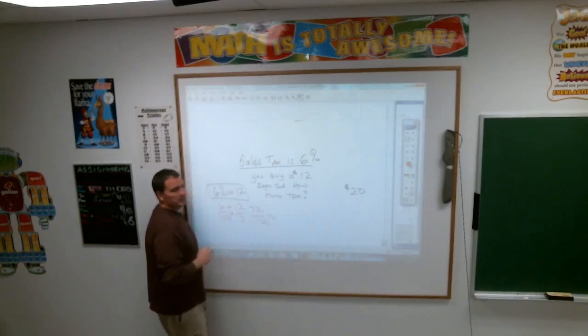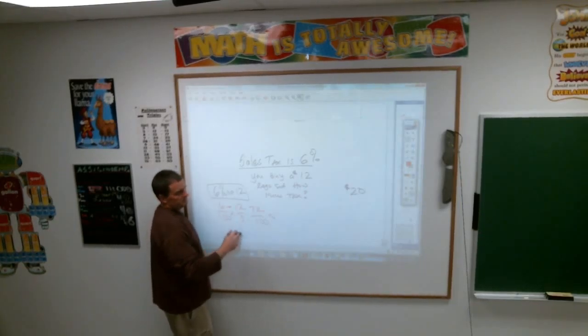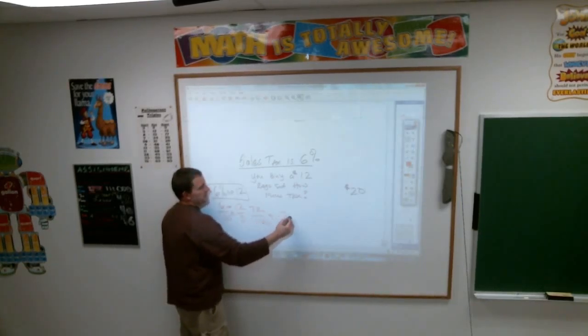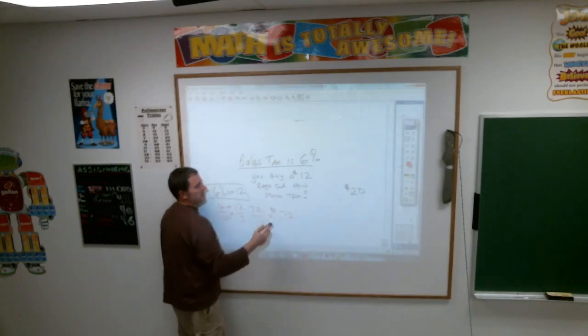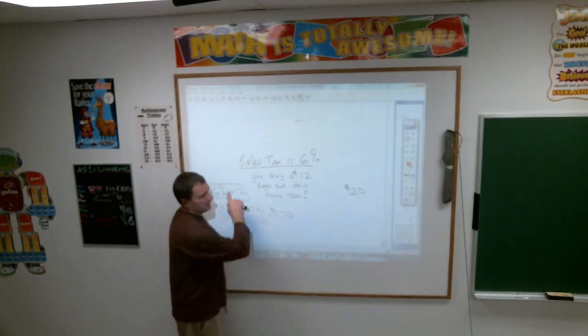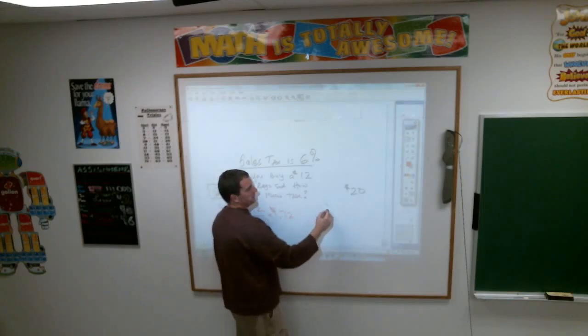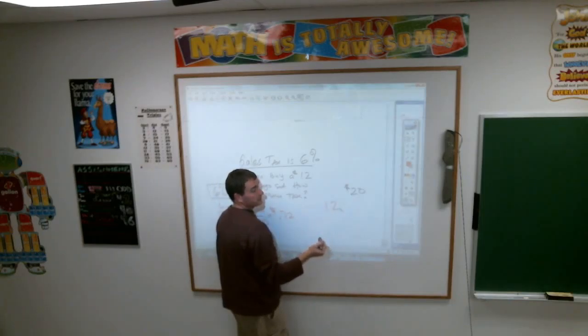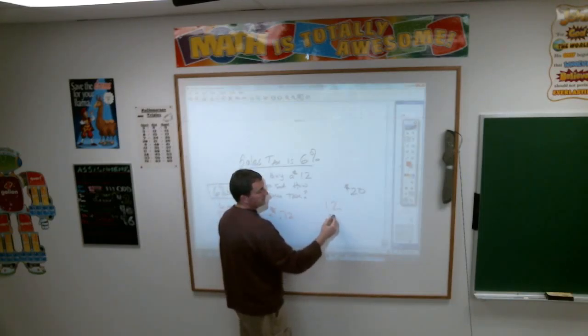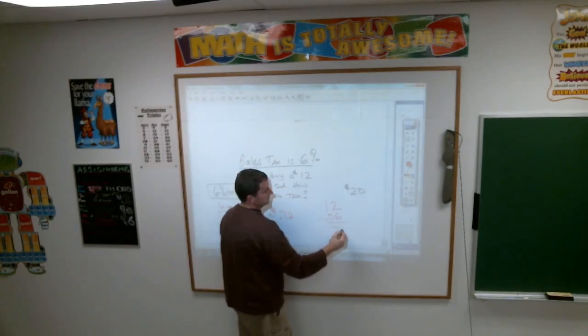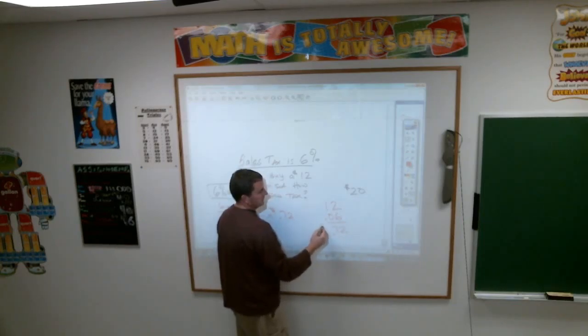But I need this in money form. What is 72 hundredths? Yeah, it's going to be 72 cents. I would say when you talk about money, I would probably change that to a decimal. I would probably say $12 times, what is 6% as a decimal? 0.06. And you still get 72 cents.